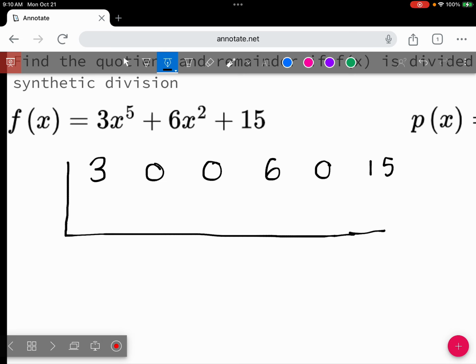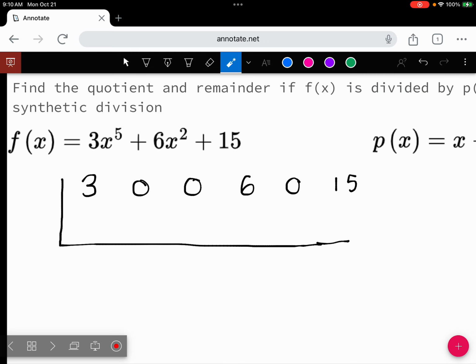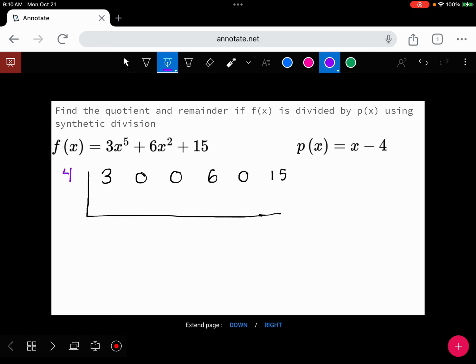We can't skip terms. We have to have every single term from my constant until my biggest. We have to have them there. So even though I don't have any x to the fourths, I still need the 0. What's going to go over here? 4. It's the root that goes with this factor.